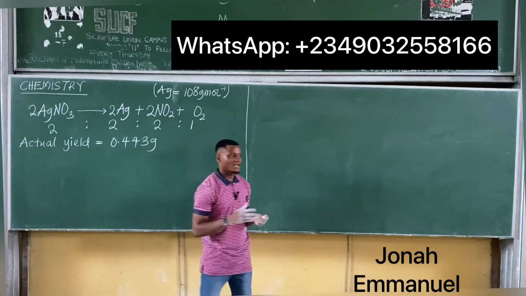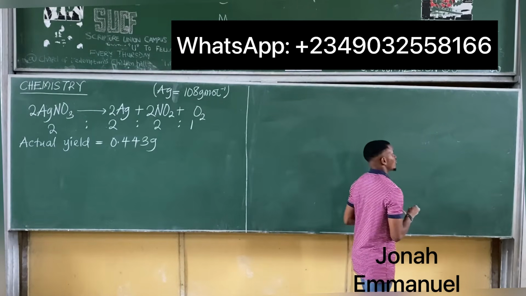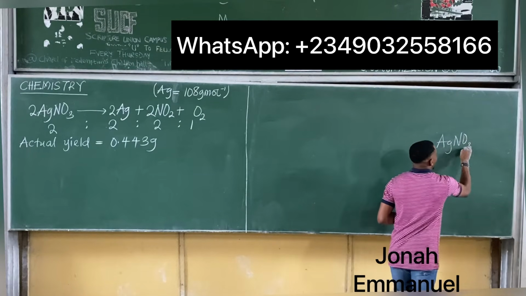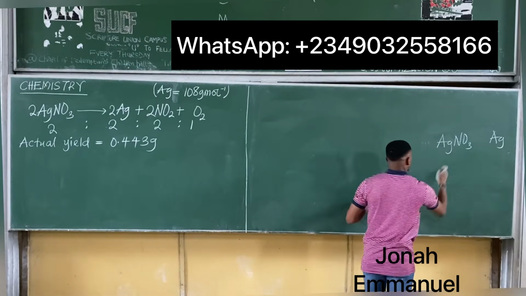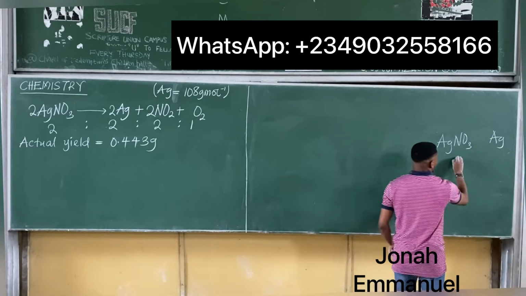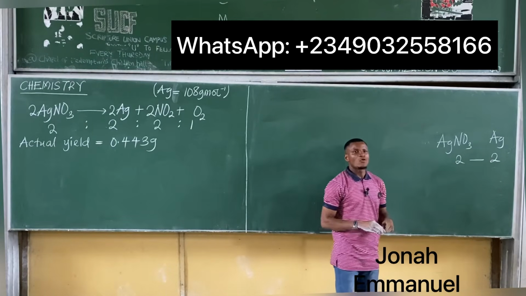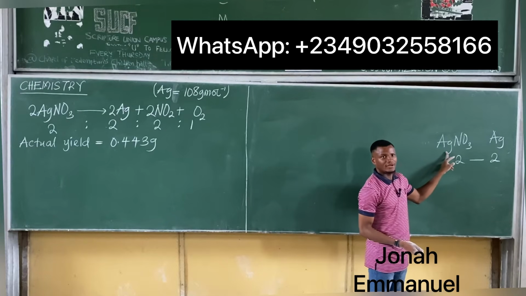How do I get that? I said in every question, you will narrow your mind to two. In this question, your mind was narrowed down to silver nitrate and silver. From balanced equation of reaction, 2 moles of this will react with what there? 2 moles of this. Check. Were you given the mole of silver nitrate or the mass of silver nitrate? Check.